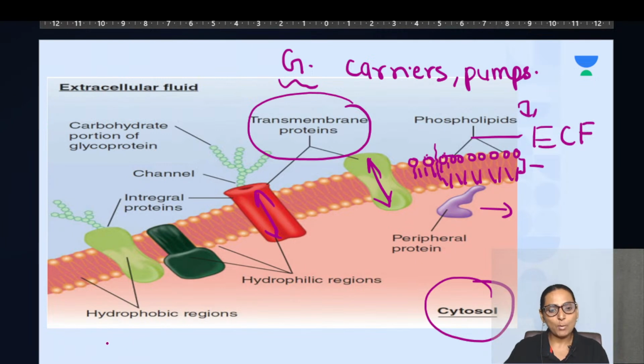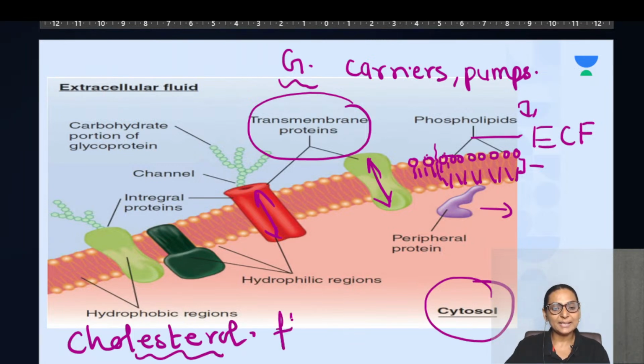There is a very, very important role of cholesterol. This cholesterol plays a very important role in maintaining the fluidity of the cell membrane, maintaining the transmembrane temperature so that it is not very, very stiff. The phospholipids are not becoming very stiff or very close and tightly packed.